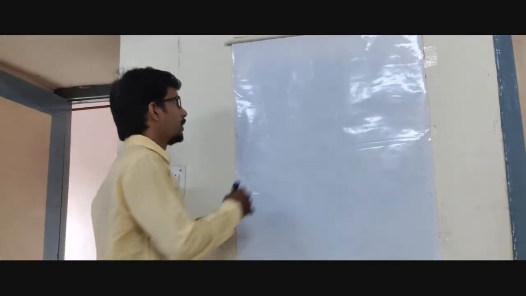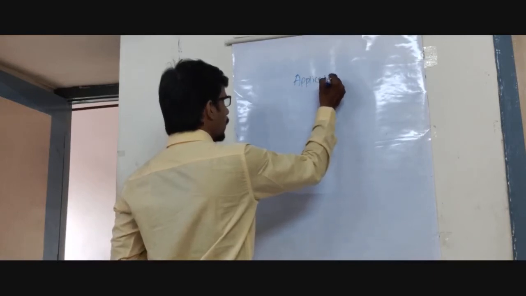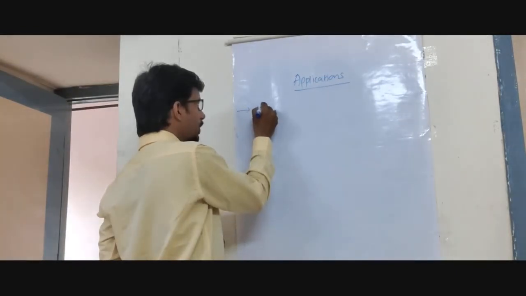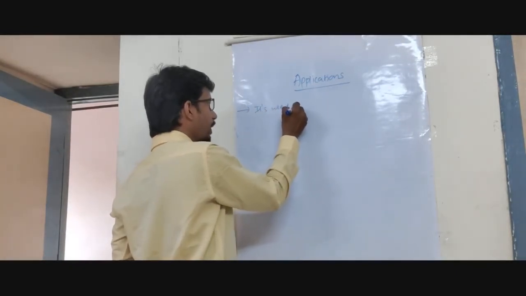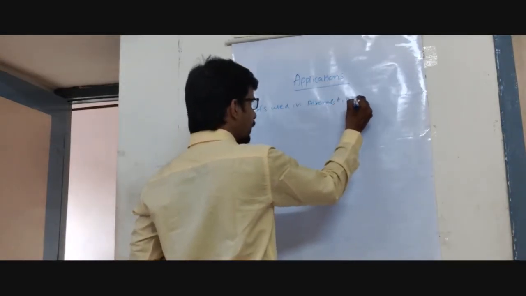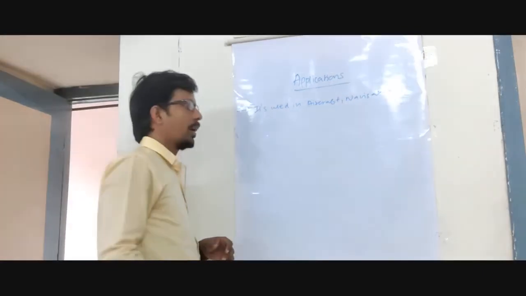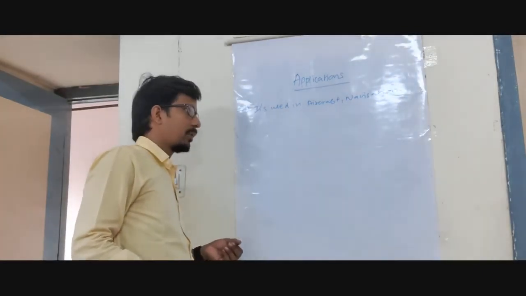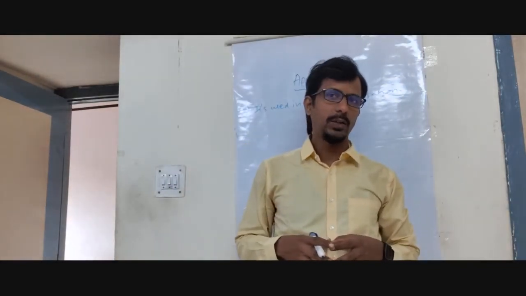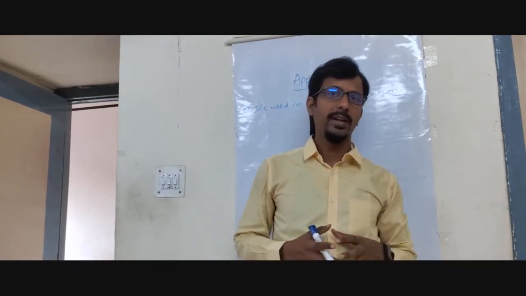Our last point is the application. What is the application? It is used in aircraft navigation. If aircraft or pilots are going to travel from one airport to another airport, they use radio waves.